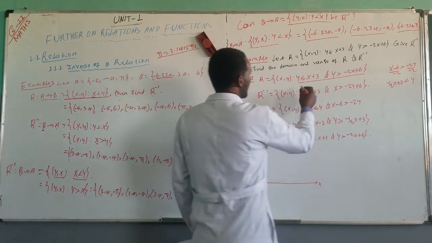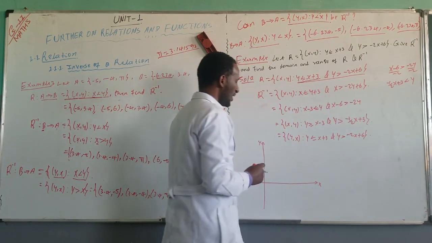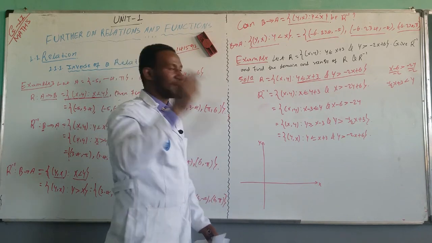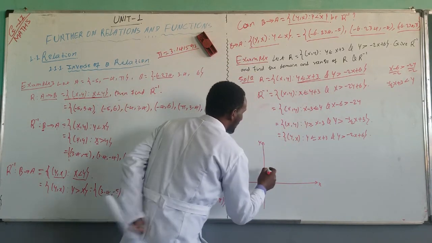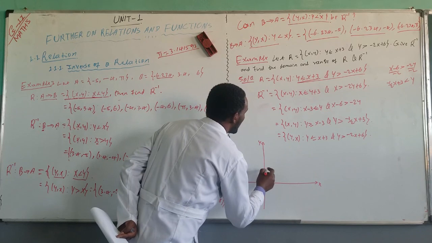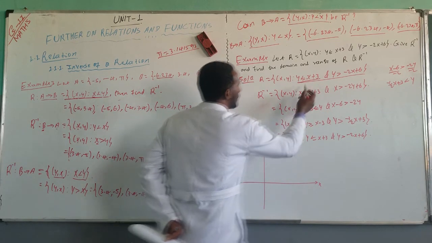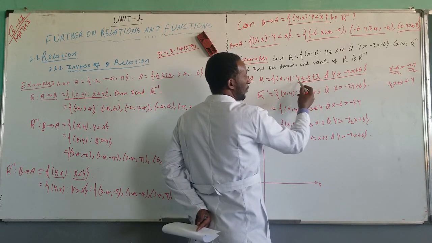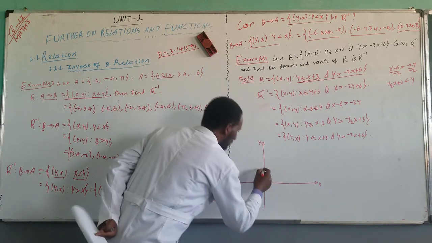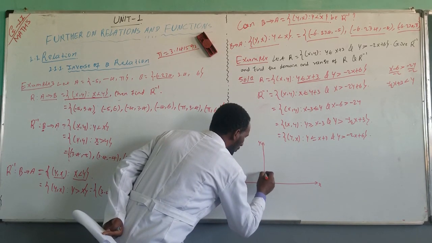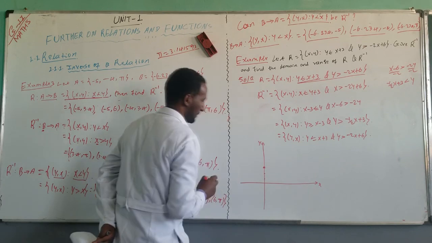When we put the first linear equation on xy coordinates, this equation has the following graph. That means when we put 0 for x to find the y-intercept, y is at 3, 1, 2, 3 here.